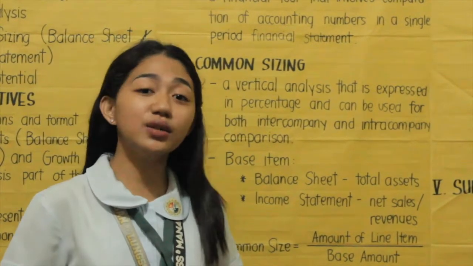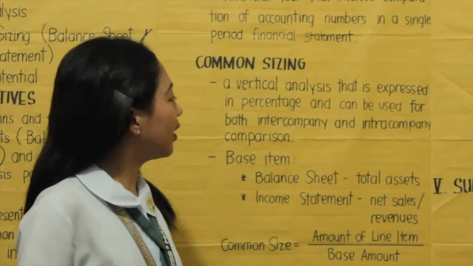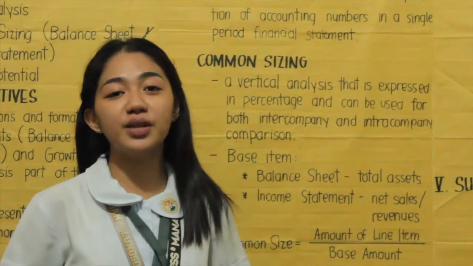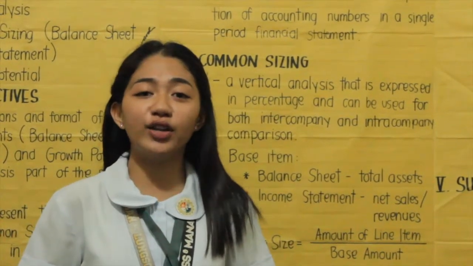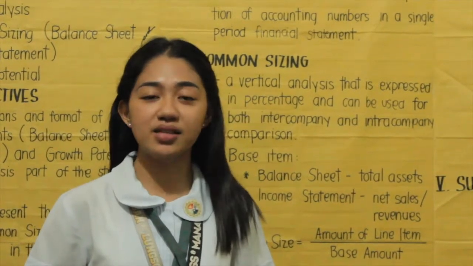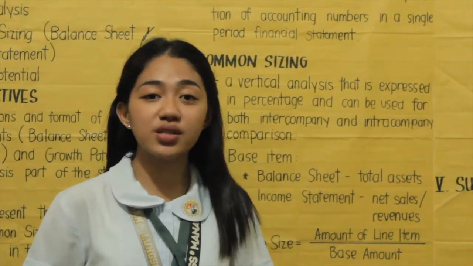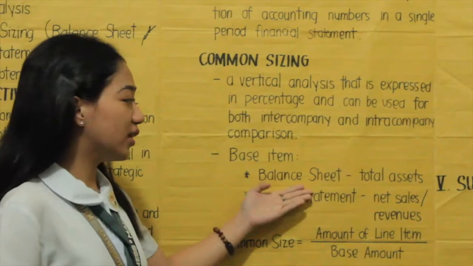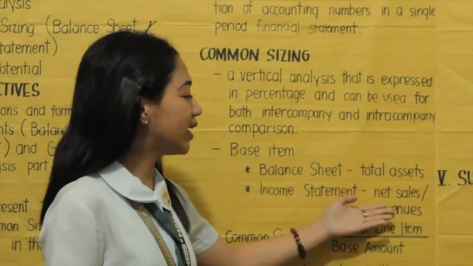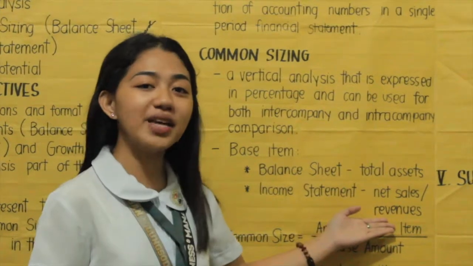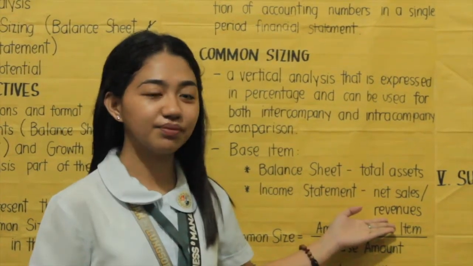It is an ideal tool to be used for intercompany and intracompany comparison. Common sizing is applicable in all types of financial statements, but it is commonly used in the balance sheet and income statement with the total assets and net sales or revenues as their base items respectively.